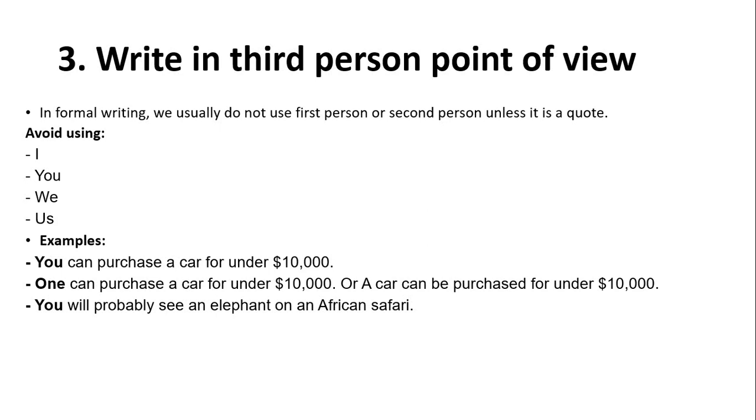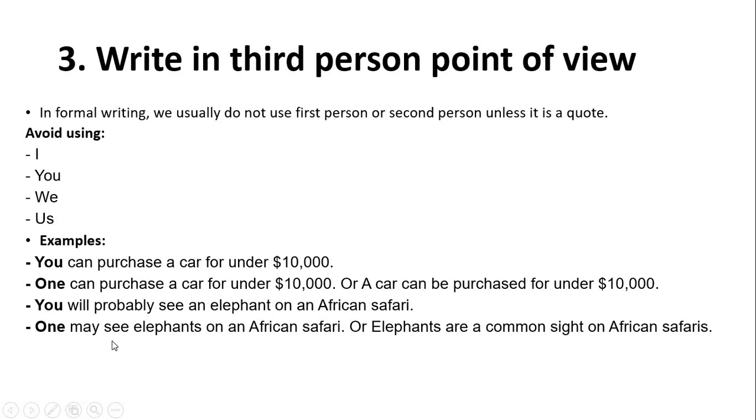You will probably see an elephant on an African safari. So, wrong siya, kay nagamit man siya og you. So, it should be, one may see elephants on an African safari, or elephants are a common sight on African safari.